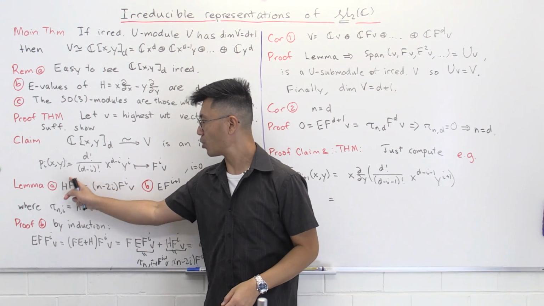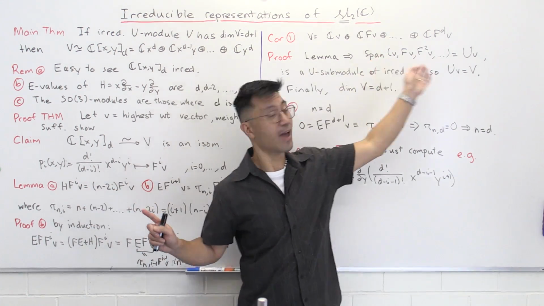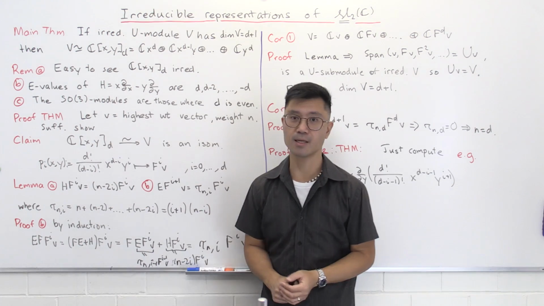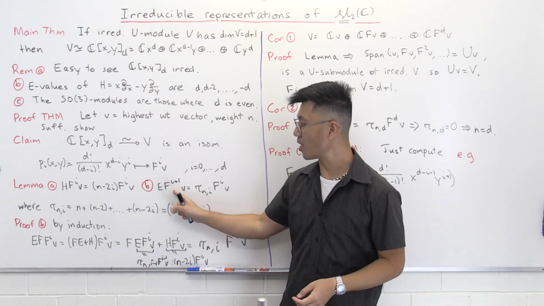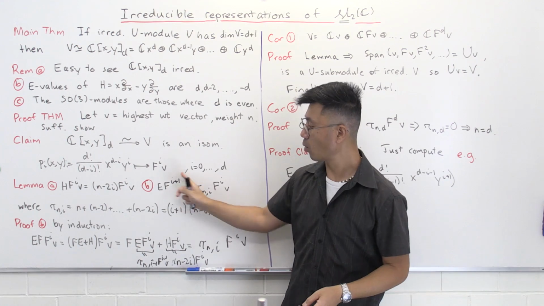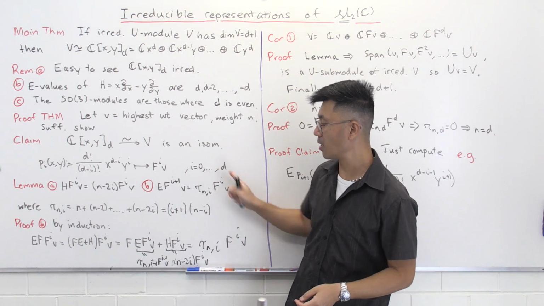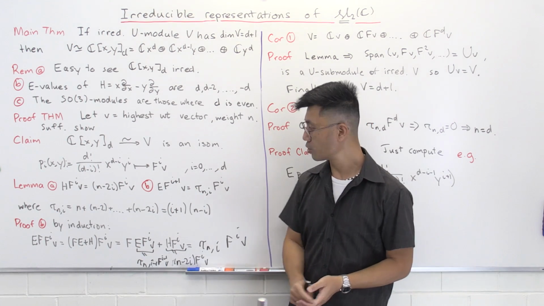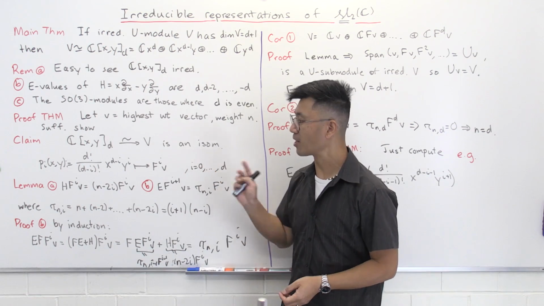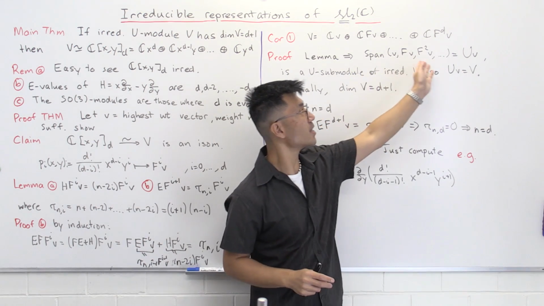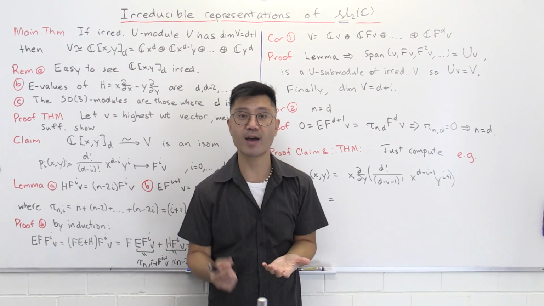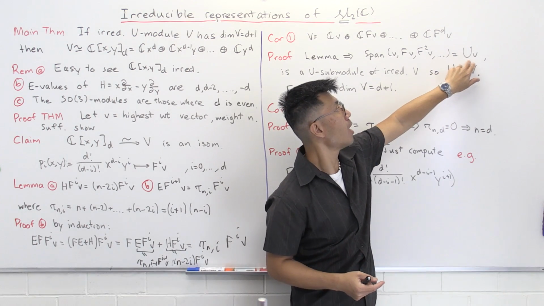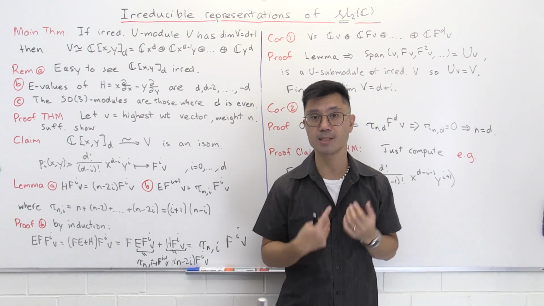If you apply h to any element inside there, it just scalar multiplies it. And if you apply e to any element inside there, what you'll get is the previous element up to a scalar. So this shows you that the linear span of all of these is closed under the action of E, F, H, and hence under scalar multiplication by elements in U.